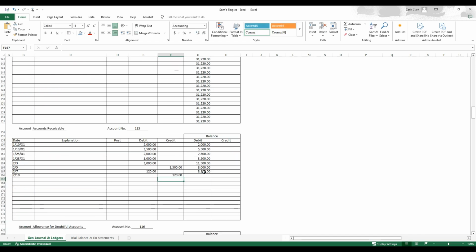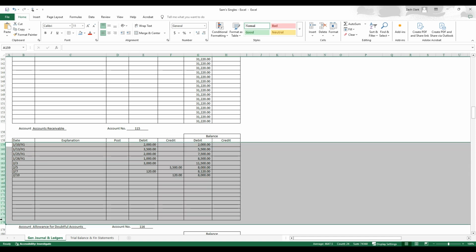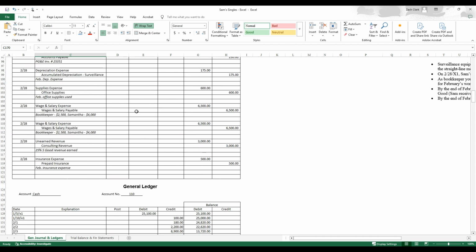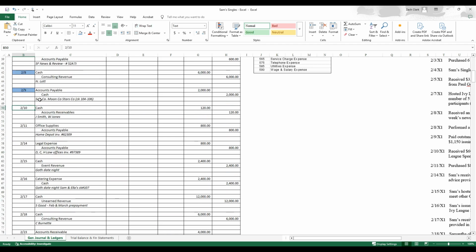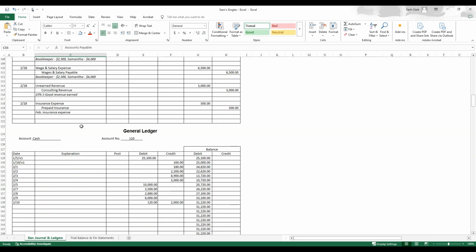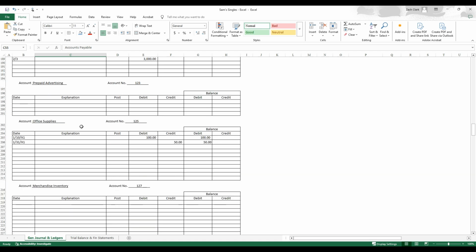For 120. And again, we're going to take the running total minus the 120 to end up at 8,000. Okay, got that journal entry done. Now our office supplies purchase on the 11th and with AP. So let's find our office supplies account.